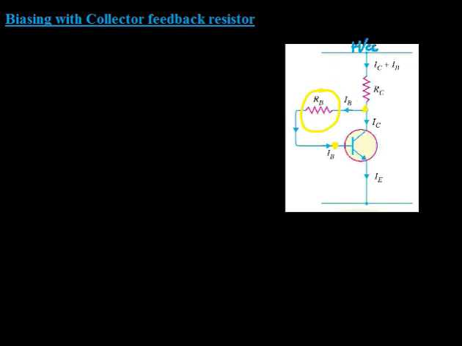But here the base current IB is not determined by VCC, but by the voltage across the collector and base junction, or VCB, not by VCC.